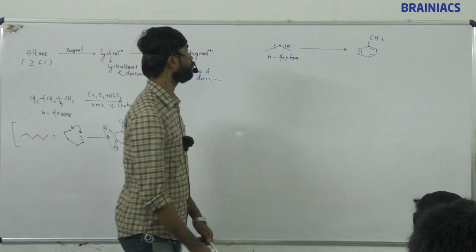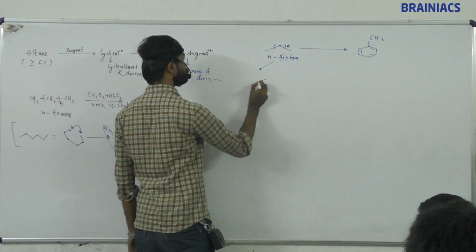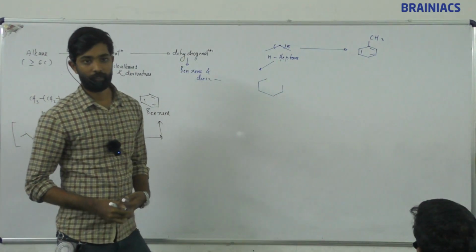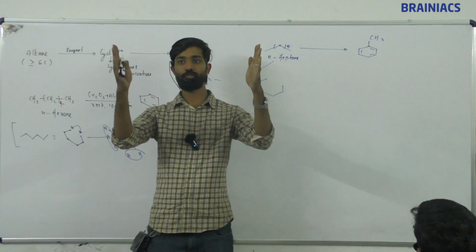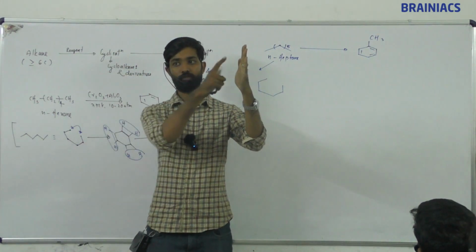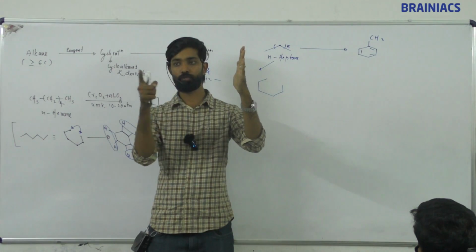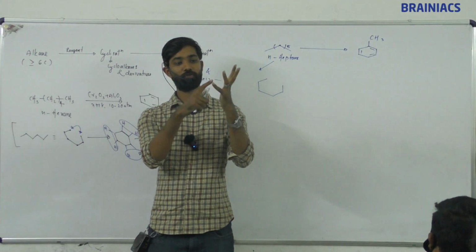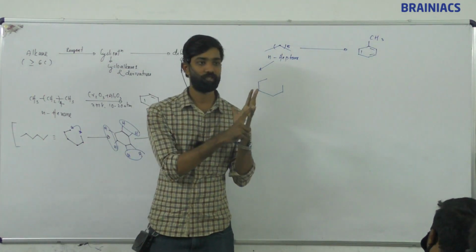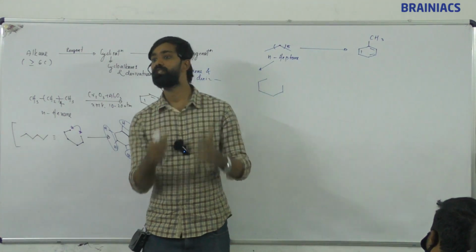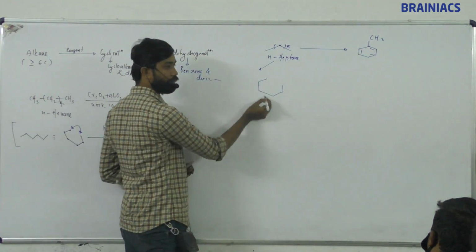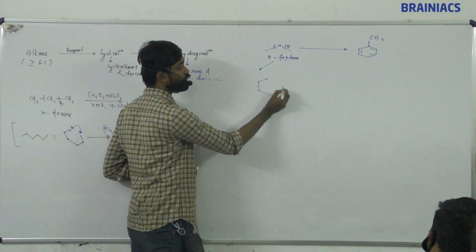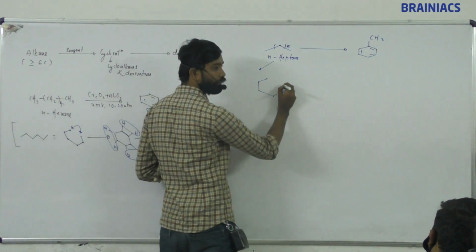How does it become toluene? In total we have 7 carbons, right? So choose the first 6: CH3, CH2, CH2, CH2, CH2, CH2. First 6 carbons, and the rest is CH3.